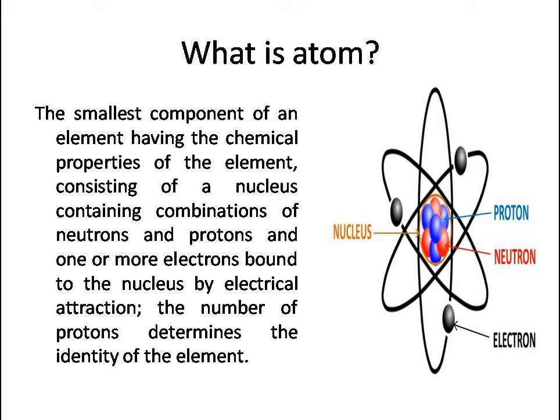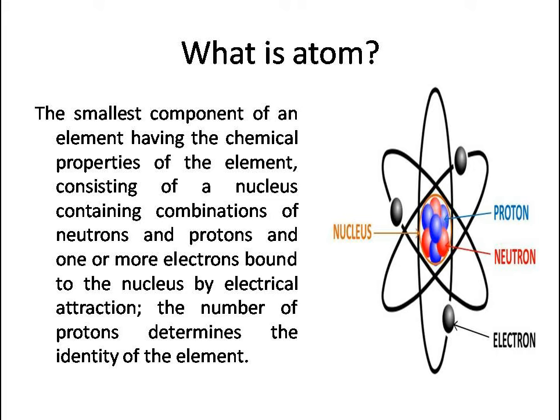As you can see in this picture, in the center of the atom there is a nucleus, and the nucleus consists of protons and neutrons, and around the nucleus, in shells, electrons exist which rotate around the nucleus.